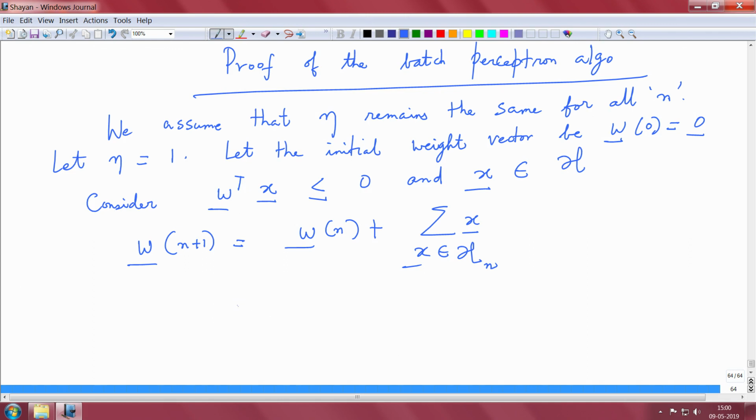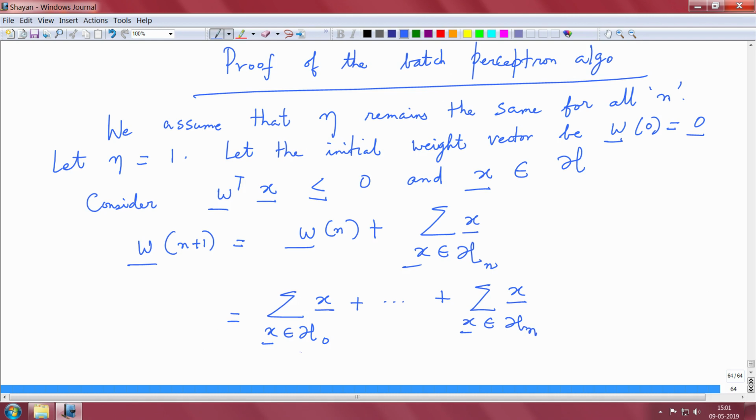Now let us expand this out like the way we did via recursion. So, this is going to be the summation of all those data points that are misclassified at time step 0, dot dot dot, summation of the misclassified set of points at time step n.